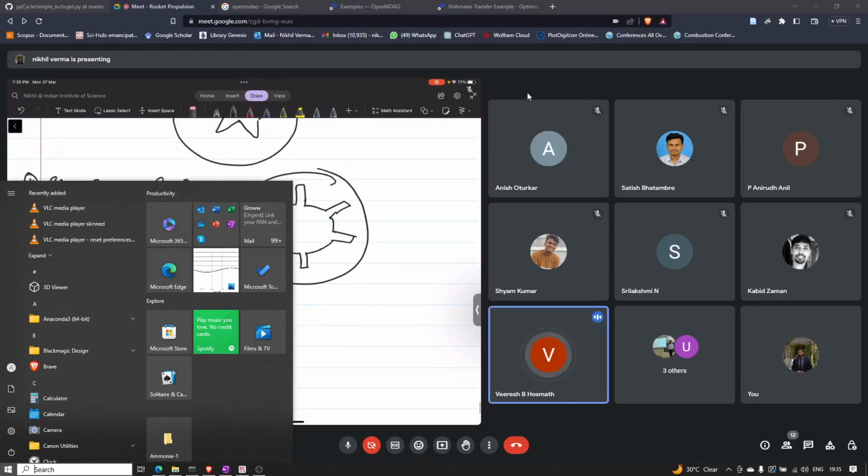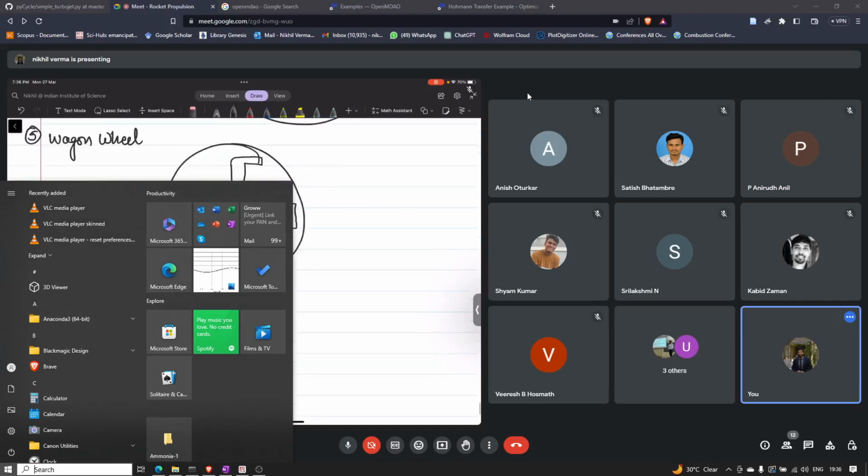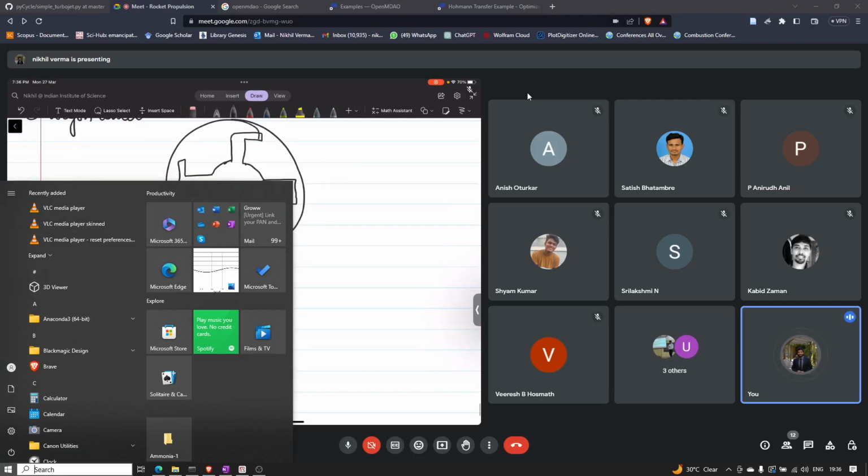It looks like gears. Yes. We also have the wagon wheel, which is something similar to this, and then we also have dendrites.